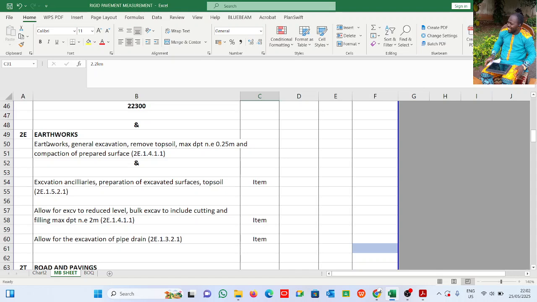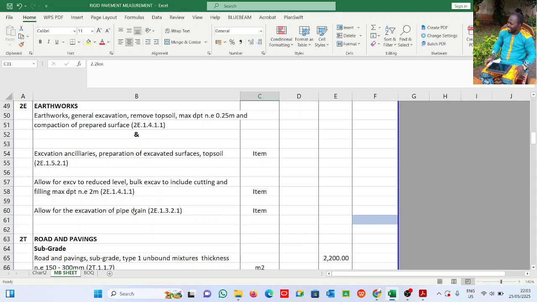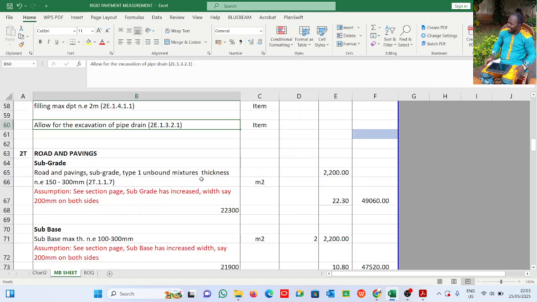From the beginning they are for building works, then towards the end they are for civil engineering works. So maybe topsoil, cutting, and maybe some filling. These are their respective references. This we have treated also in our previous video on flexible pavement, so I don't want to go back there so that the video does not become unnecessarily long.